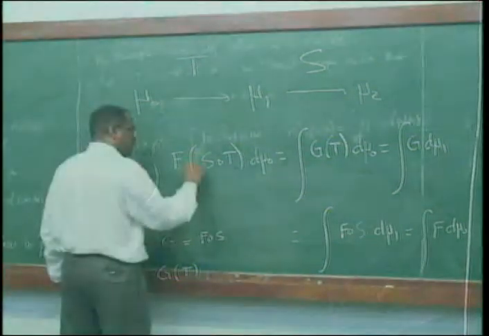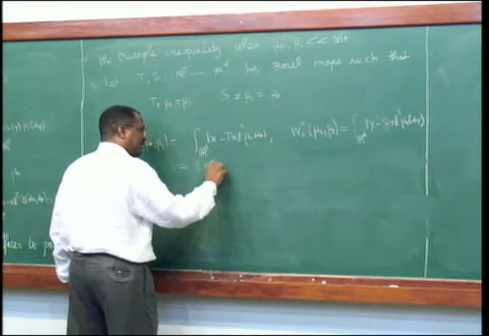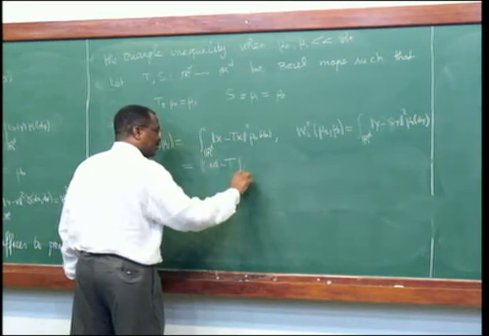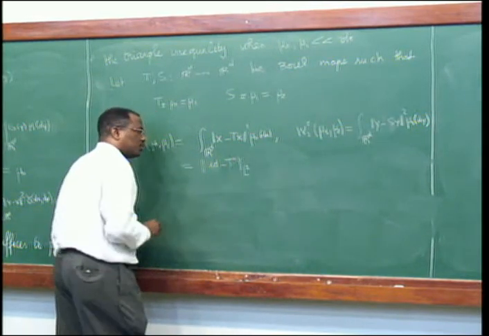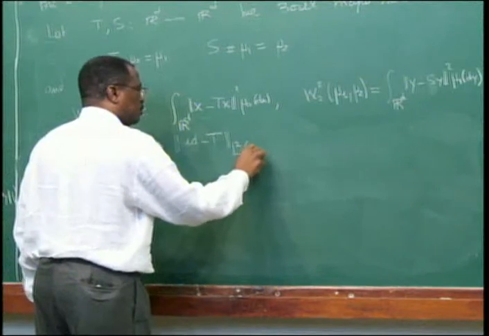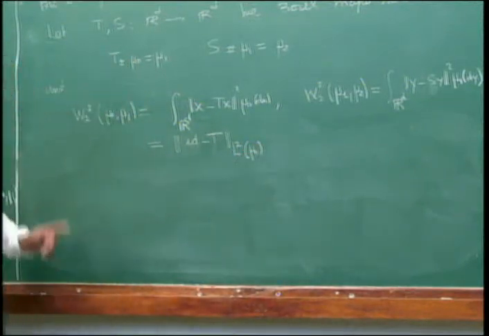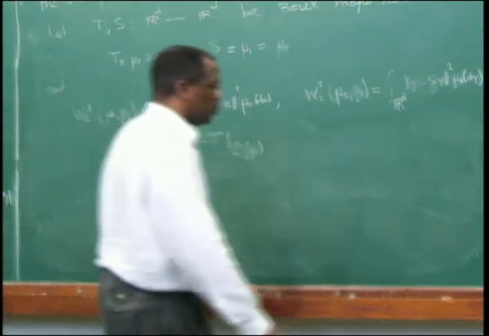Observe that W2 of mu naught, mu1 is identity minus T, the L2 norm with respect to mu naught. Okay, let me go slowly.